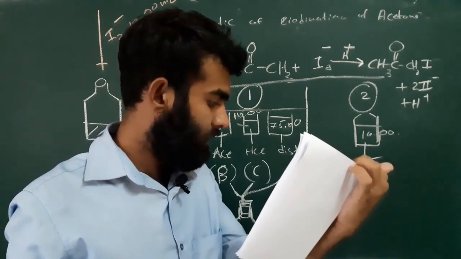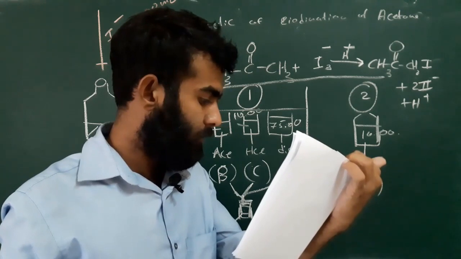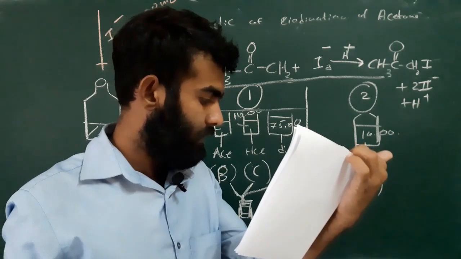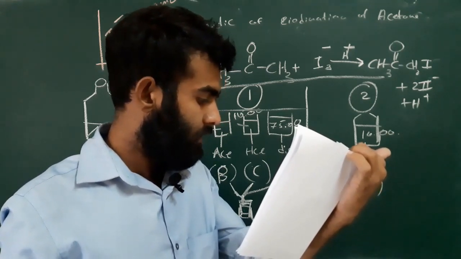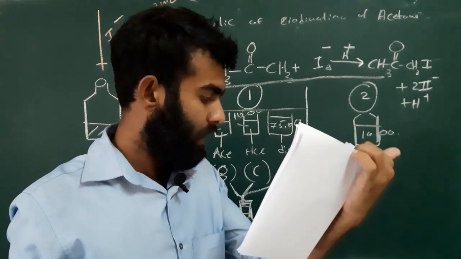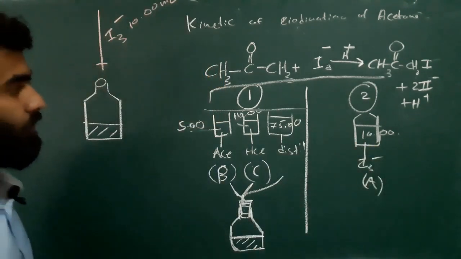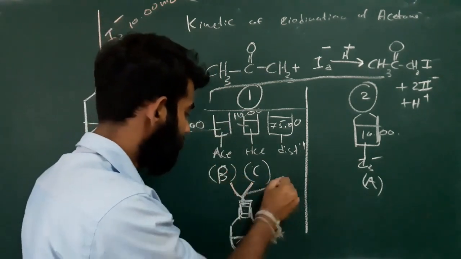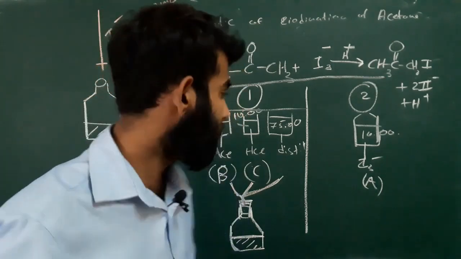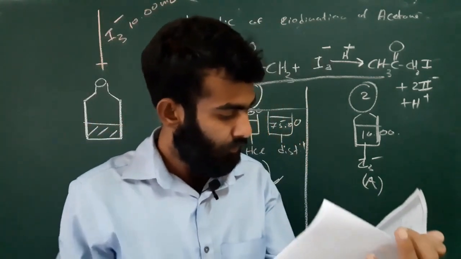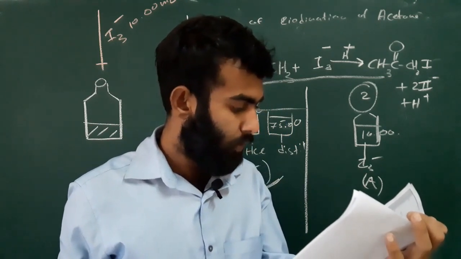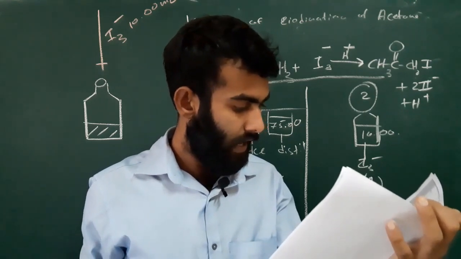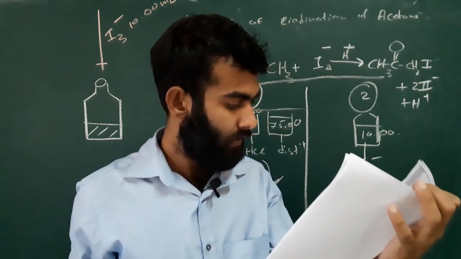To follow the variation in concentration of iodine in the reaction mixture as a function of time, extract 10 ml of reaction mixture after 5 minutes of commencement of the reaction, and transfer it into 10 ml sodium bicarbonate solution. Hurry. First, we have to mix these three things. However, before mixing, we have to take necessary precautions, because we have to conduct this experiment at 20 degrees Celsius.